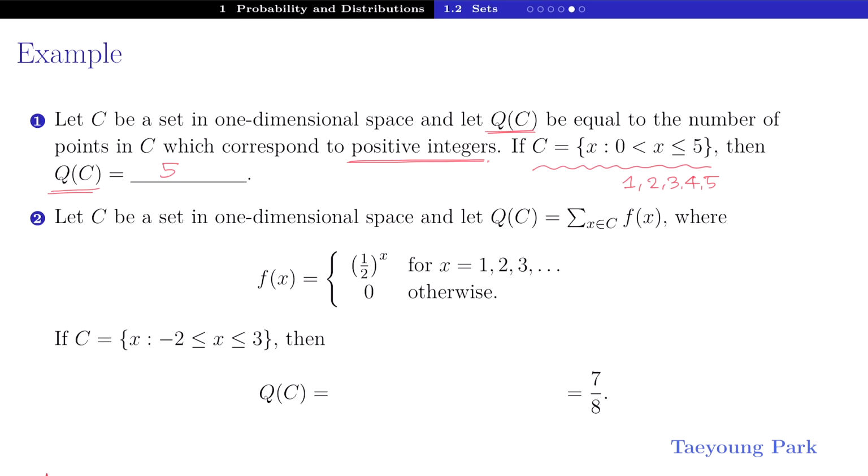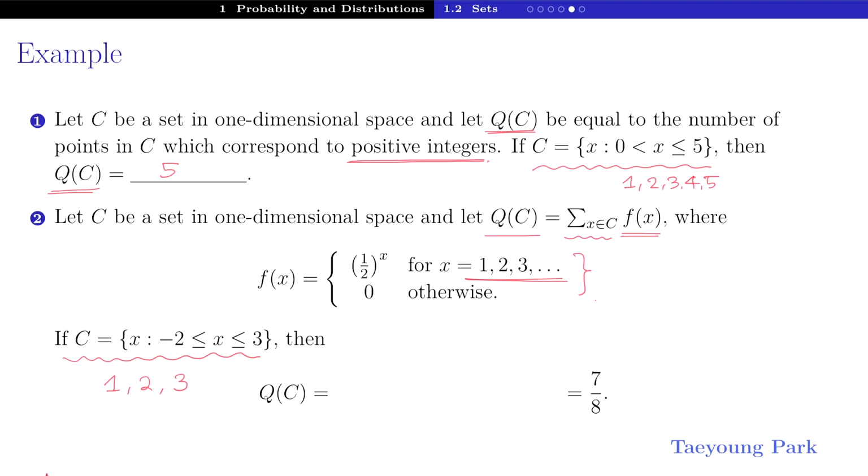Another example of q of C is the summation of f over the set C, where f of x is given by this. Because f of x can be evaluated only for positive integers, when C is given by this, x in C can be either 1, 2, or 3.